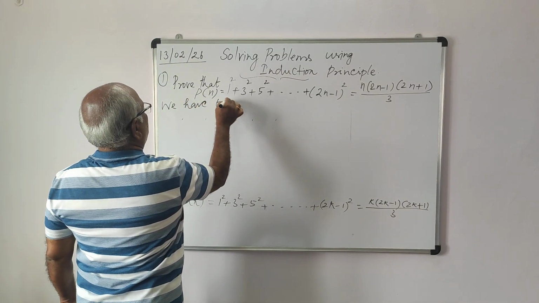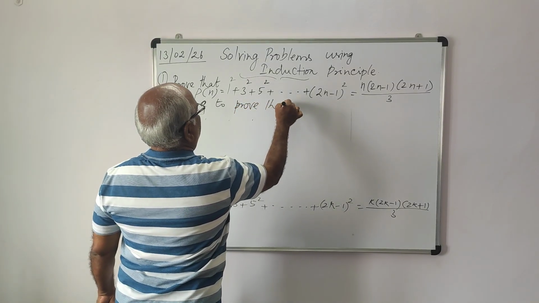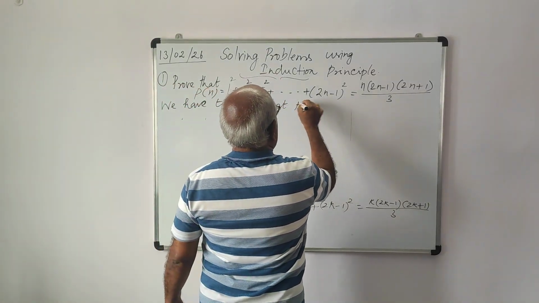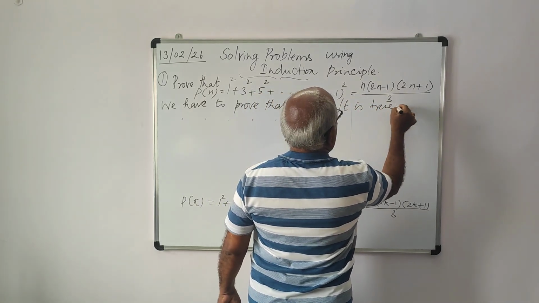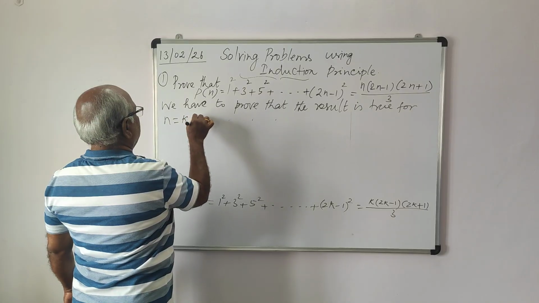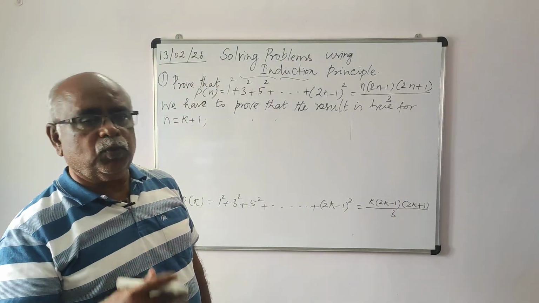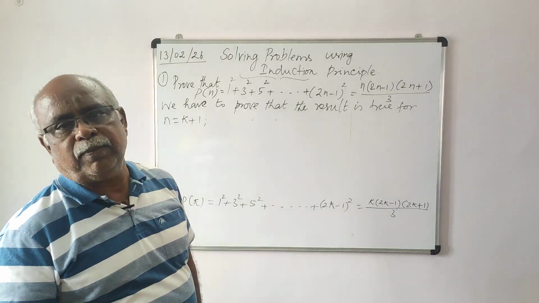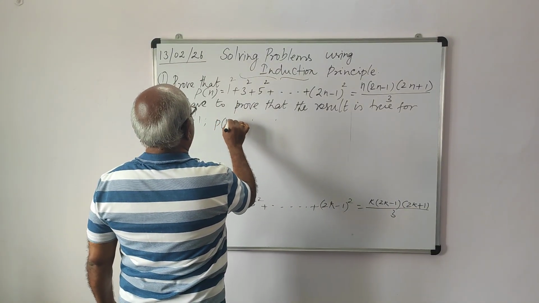We have to prove that the result is true for n equal to k plus 1, assuming the result is true for n equal to k. Assuming the condition, you get P of k plus 1.